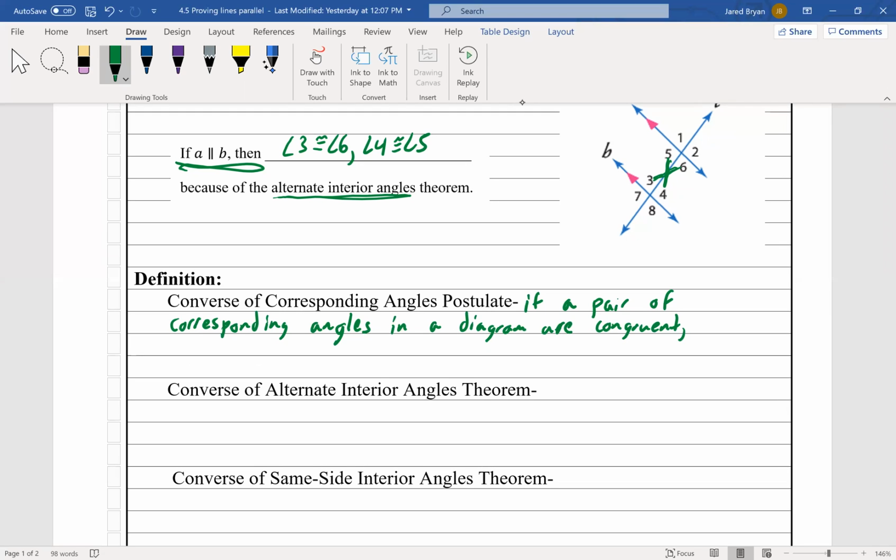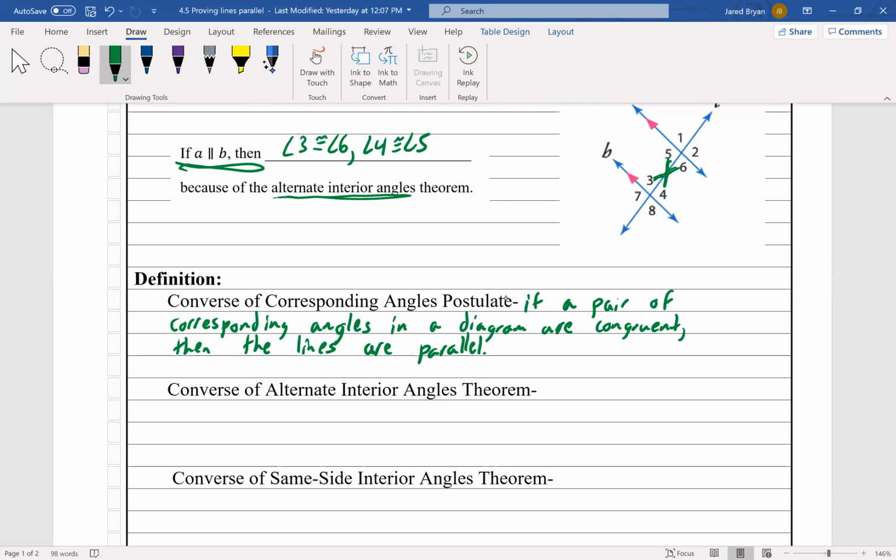If a pair of the corresponding angles are what they're supposed to be, which is congruent, then I can say that the lines are parallel. There are other things that I could add to this definition to be more specific when we're referring to different parts, but for the sake of just us writing this down, I just want you to have this. So if we can prove that one of the pair of corresponding angles are congruent, then I can say that the lines are parallel.